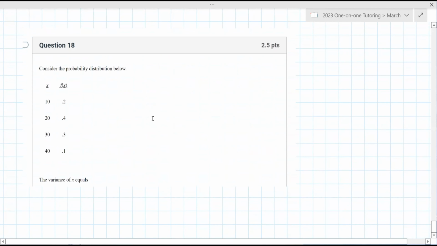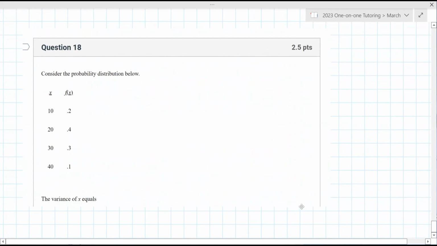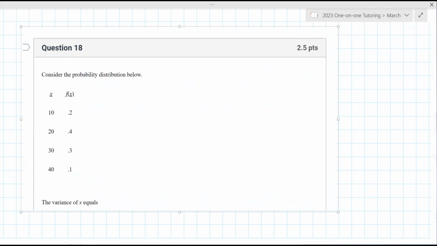The variance of X equals. Now, I think it might have been the case at one time that the calculator will actually do this one, but I don't remember. And I don't know if we want to spend the time looking. Otherwise, you got to use formulas, which isn't great, but it is the only way here.